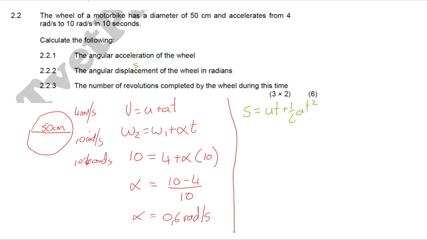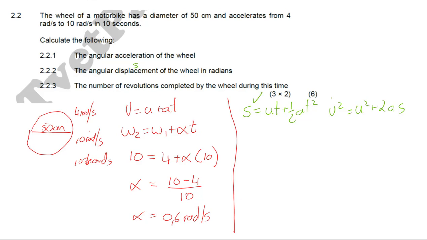The other formula with displacement that we know is v squared equals u squared plus 2as. Now let's have a look at the information we have. Do we know the time taken? Yes, 10 seconds. Do we know the acceleration? Yes. Do we know the initial? Yes. So we can calculate displacement. So the first formula is valid.